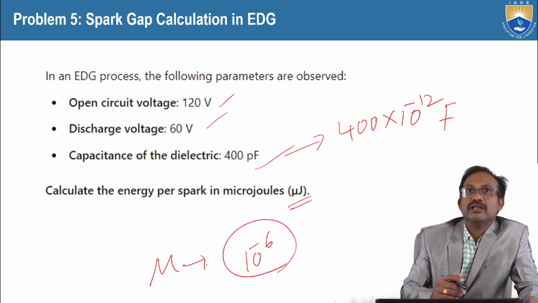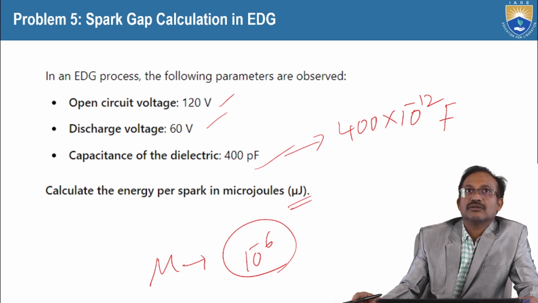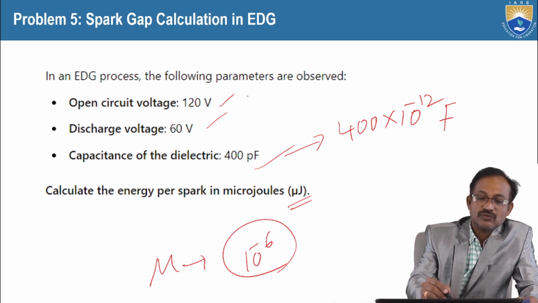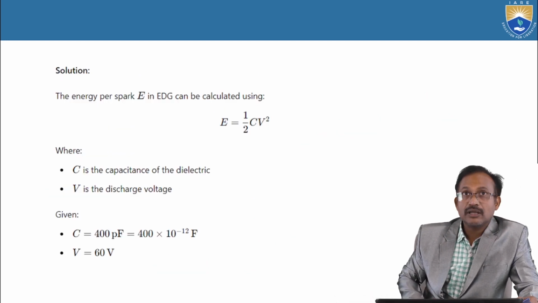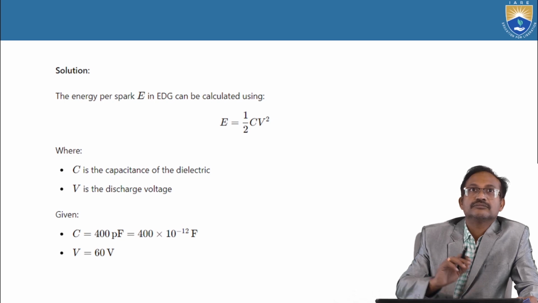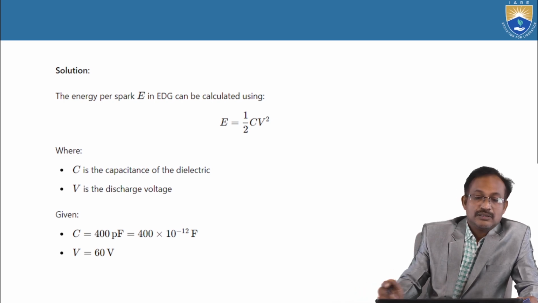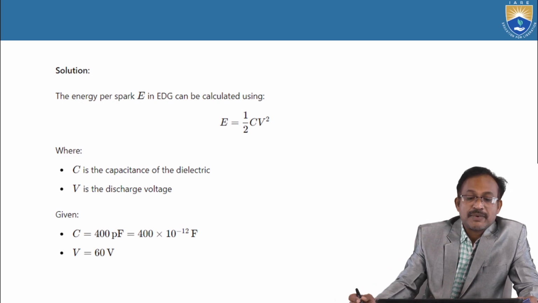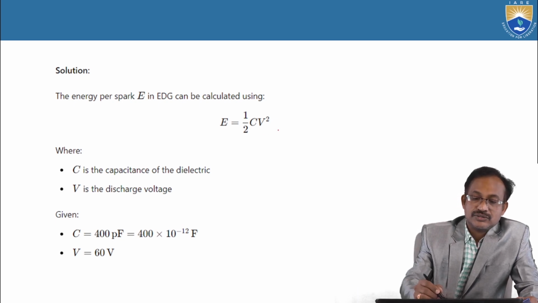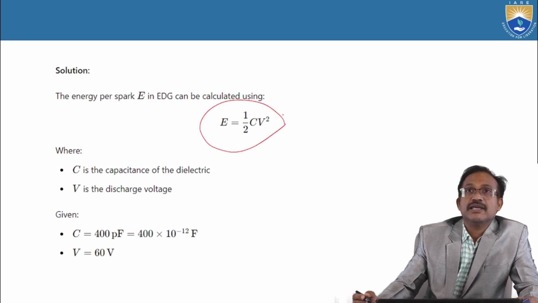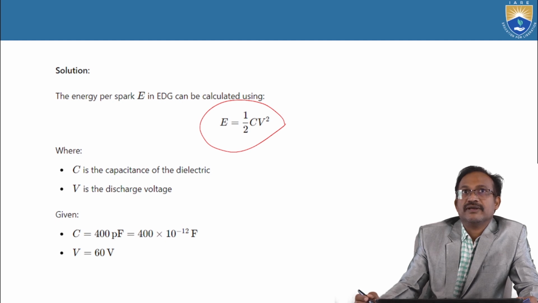So all these are basics. Open circuit voltage and discharge voltage is given. Now, the energy per spark E in EDG can be calculated using this formula, E equal to half CV square.